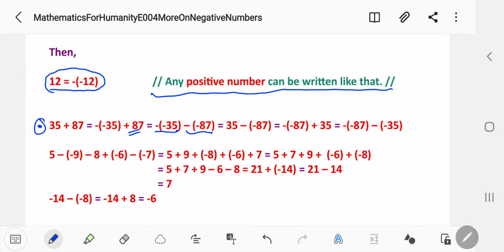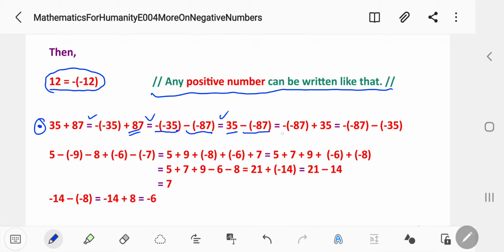Or you can leave 35 untouched and then you write that way. They are all the same. They're all equal. I mean, their value is not changed.